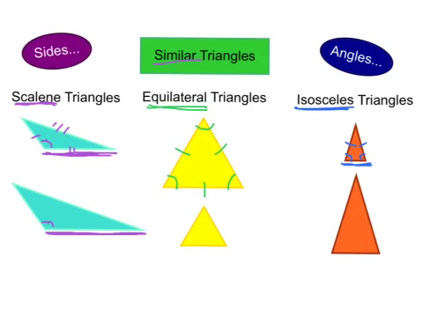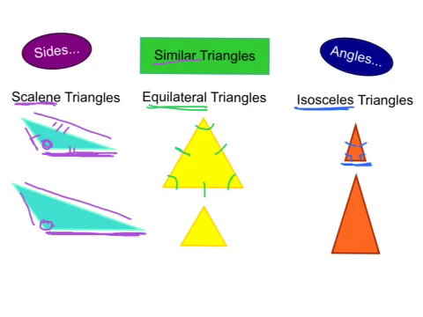So we have these equivalent angles right here, and then this side, they're equivalent in a way that they're proportional. So they're not the same, but they are proportional. And then every other side of the triangle needs to also be proportional in order for it to be a similar pair of triangles.